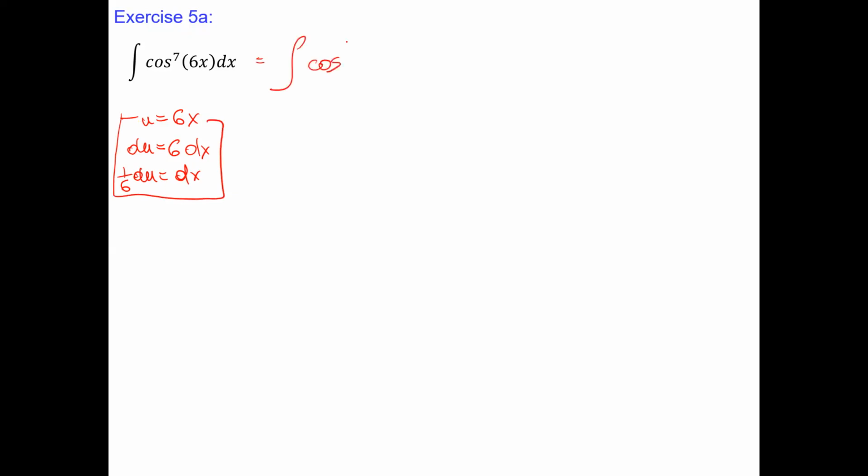So when we have cosine to the power of 7, the argument will be u, and dx is 1/6 du. Now we have an odd exponent.